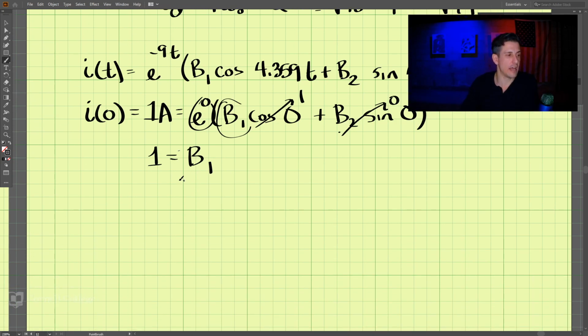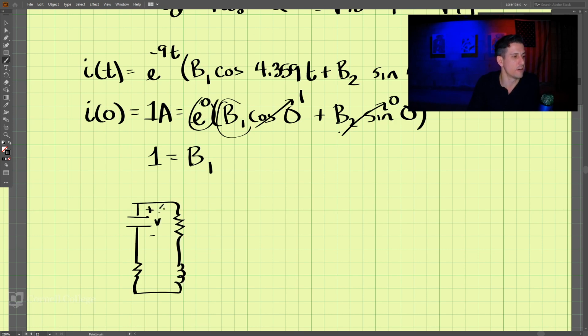So let's take a look at our circuit again. We have our capacitor, and that's connected here, and then we have our inductor, which is then connected to another resistor. So if we take a look at the circuit, we have i, and this is 6 ohms, and this is 3 ohms, and this is 0.5 henry.